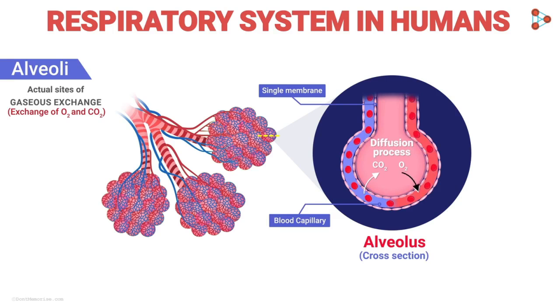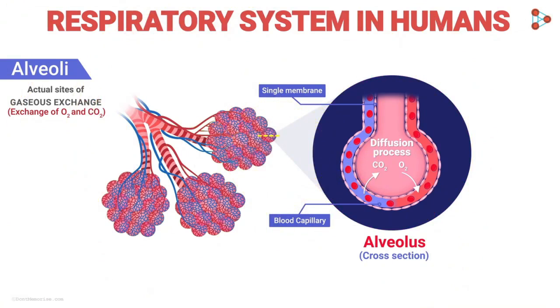So oxygen that has come to this alveolus gets diffused across the membrane and is grabbed by the RBCs. Once this is done, the carbon dioxide also gets into the alveoli via diffusion. And this carbon dioxide travels back the complete tract to reach the nostrils and move out of the body. This is how the gaseous exchange occurs in each alveoli.